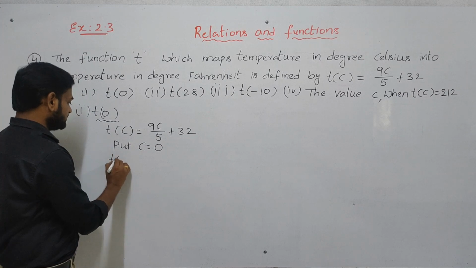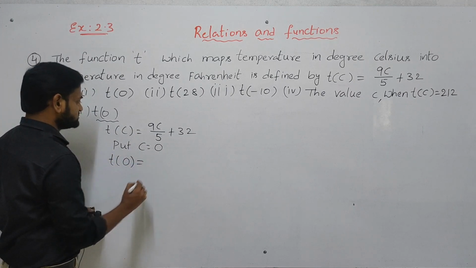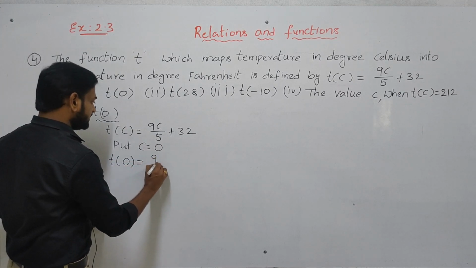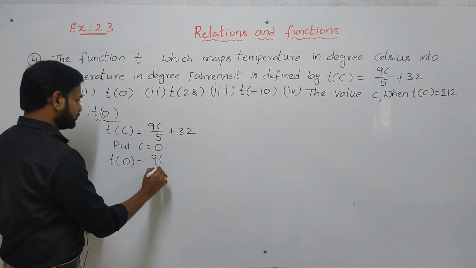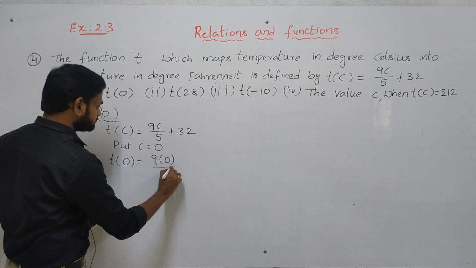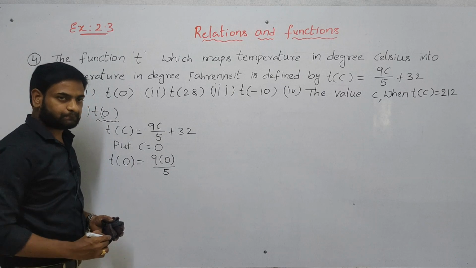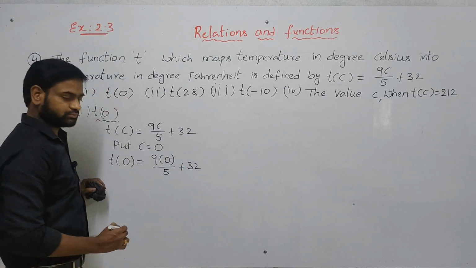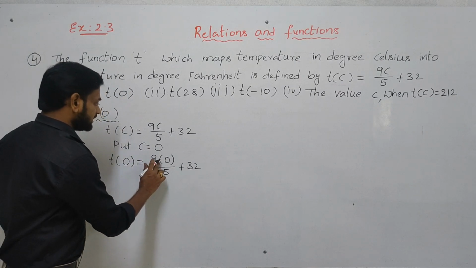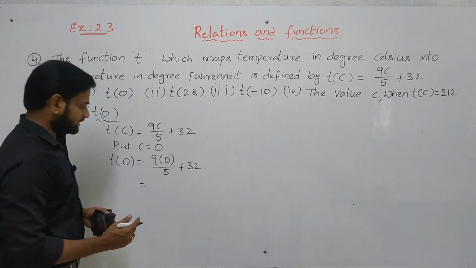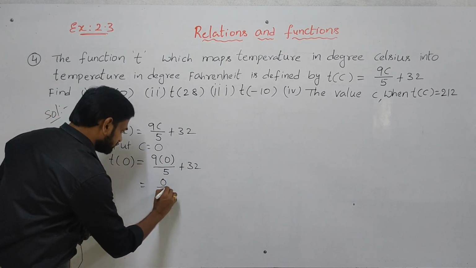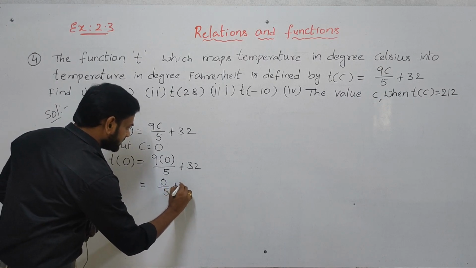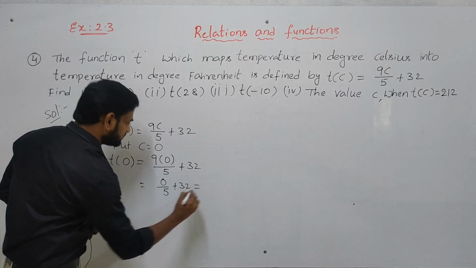Substitute. Then t of 0 is equal to 9 into c value 0 by 5 plus 32.